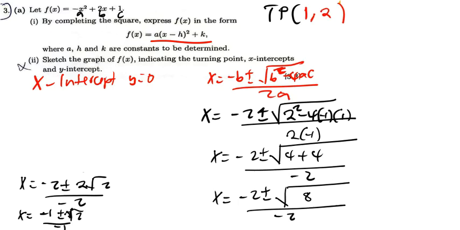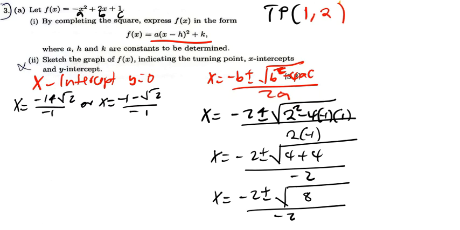So that I come here and say x will be equal to -1 plus root 2, then again here -1, or x will be equal to -1 minus root of 2 divided by -1.